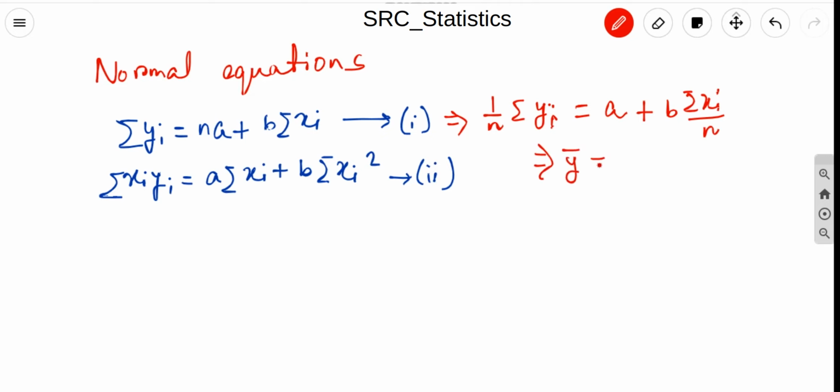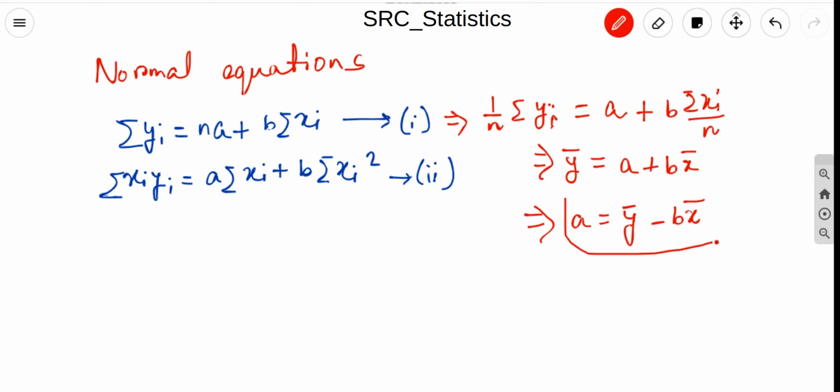This is y bar. Then a plus b into summation xi by n is x bar. This can further be written as a equal to y bar minus b x bar. So this is the formula to find a, the y intercept, which is given by a equal to y bar minus b x bar.